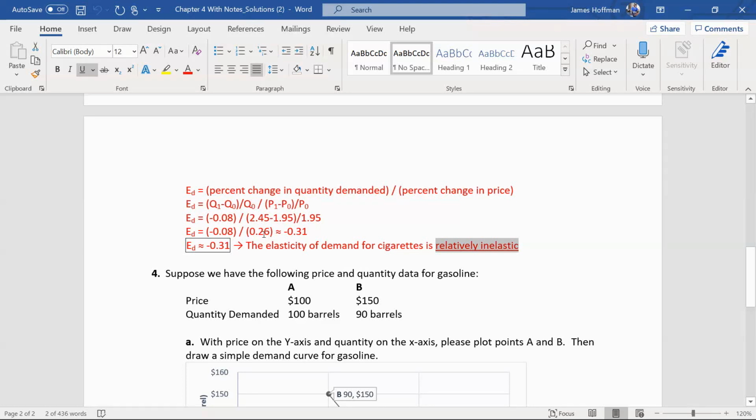Okay, so you use this formula to get the elasticity, and basically you check whether the absolute value of that is bigger than or less than 1. So see how it's 0.31, so that's less than 1, less responsive, that's inelastic. If it were bigger than 1, it would be elastic.